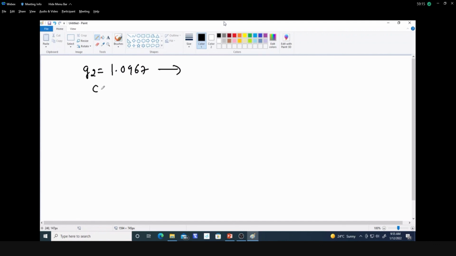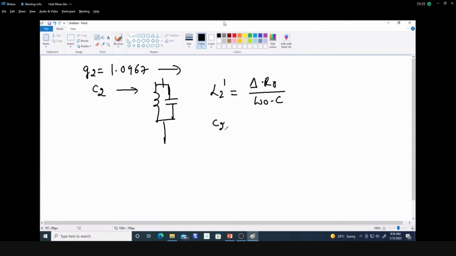We need L2 dash, which is del into R naught divided by omega naught into C, whatever the C2 value is. Similarly, C2 dash is equal to C by del into R naught into omega naught.